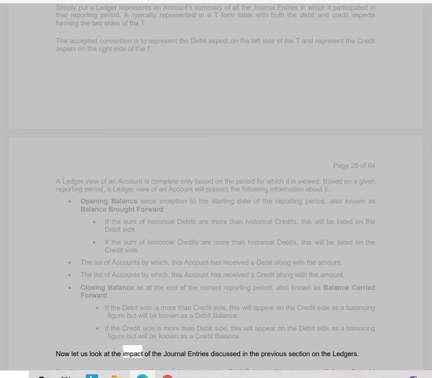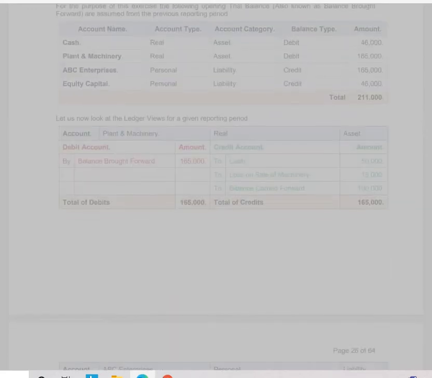Now let us look at the impact of the journal entries discussed in the previous section on the ledgers. For the purpose of this exercise, the following opening trial balance, also known as balance brought forward, is assumed from the previous reporting period. Account name, account type, account category, balance type, amount. Cash, real asset, debit $46,000.